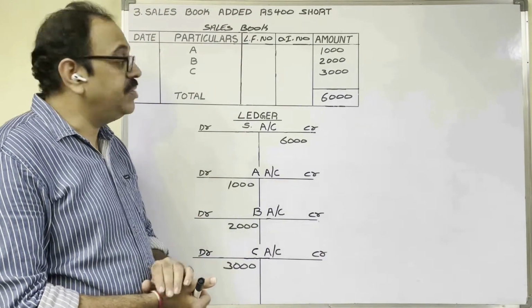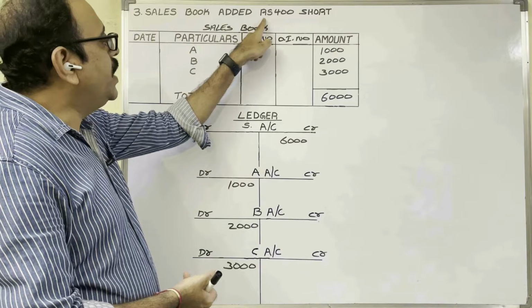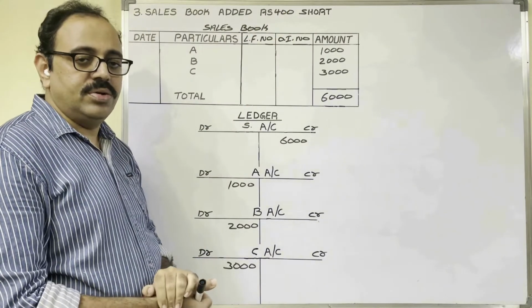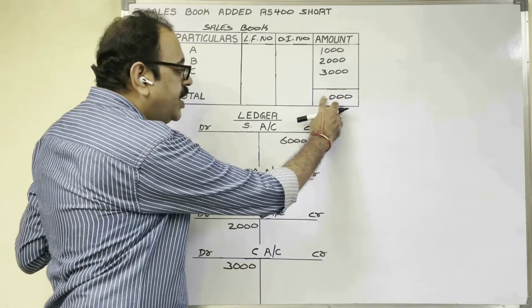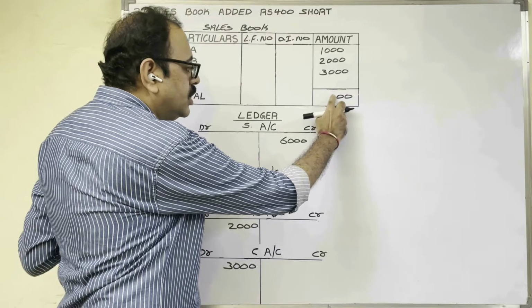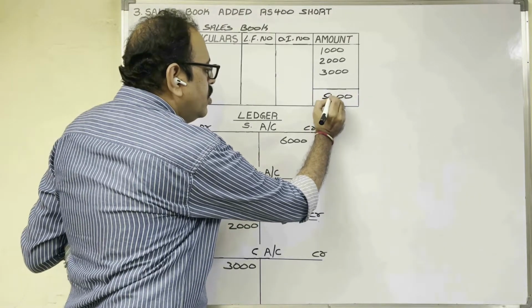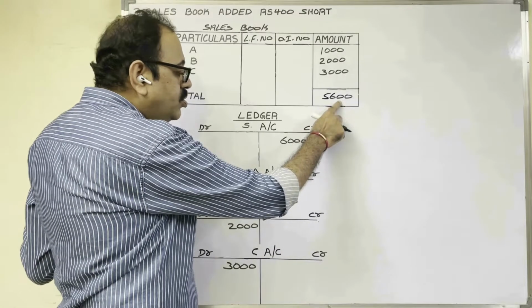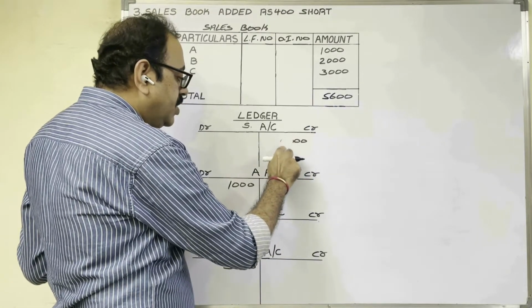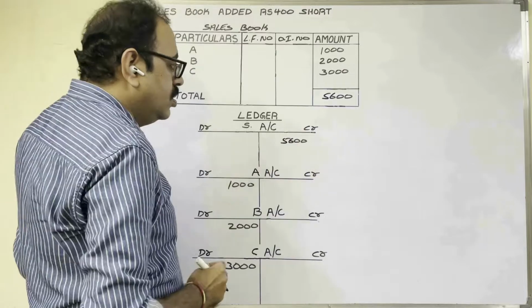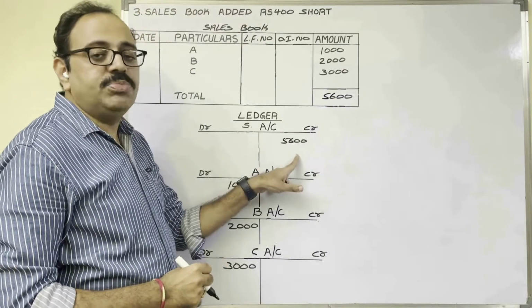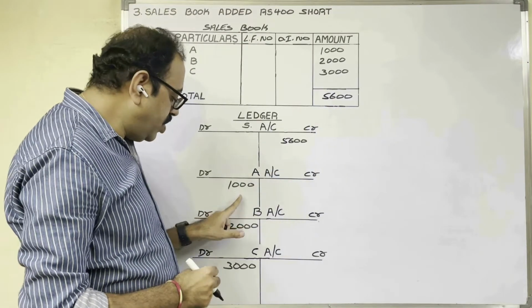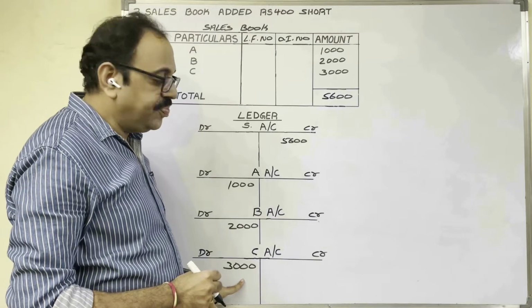Now see the mistake. Sales book added 400 short. Means instead of writing 6,000 rupees, accountant wrote 5,600 rupees. Then 5,600 was credited in sales account. In totaling only there is mistake. So individual amounts are properly posted.